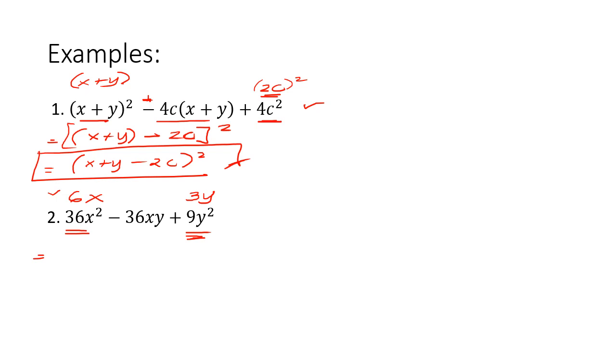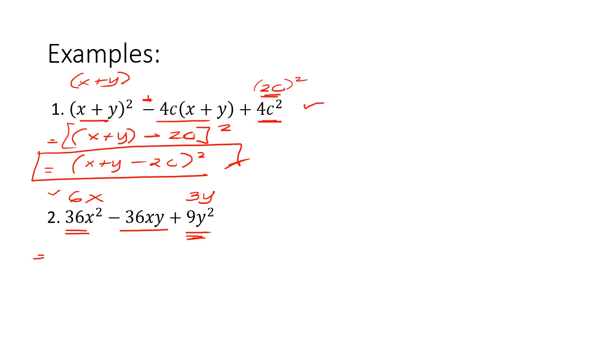Then according to the rule, dapat yung midterm is twice the product ni first term and the last term. So that will be 6x times 3y. You will get 18xy. Then times 2, kaya twice, you get 36xy. Right? So therefore, it fits the trinomial which is a perfect square.